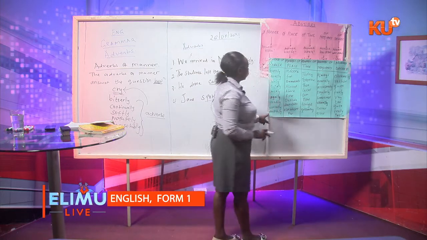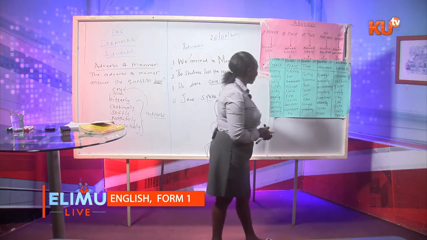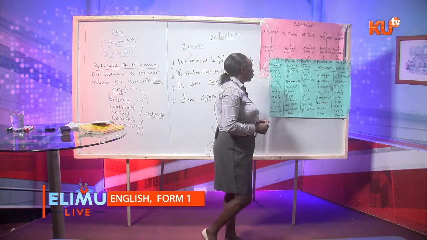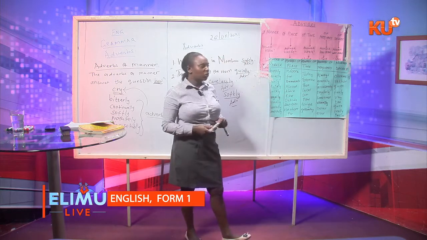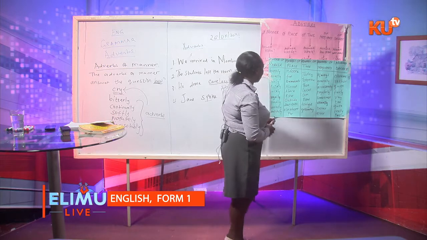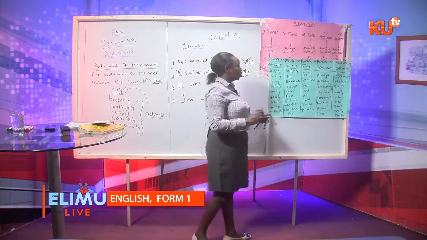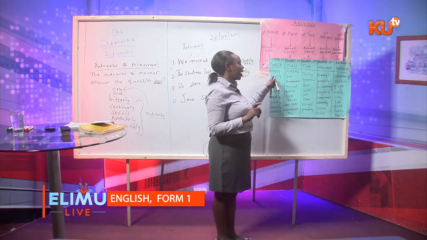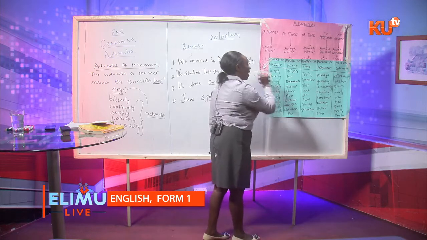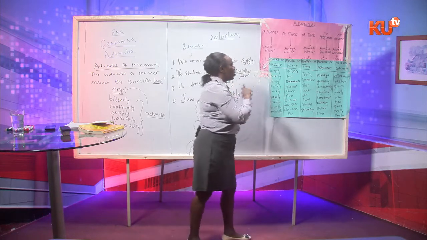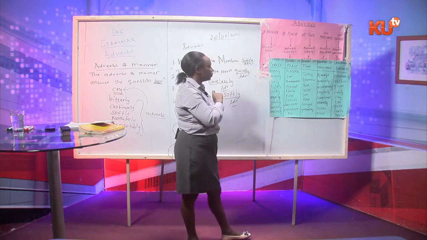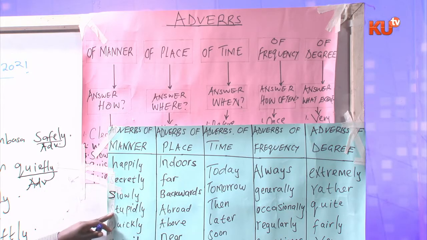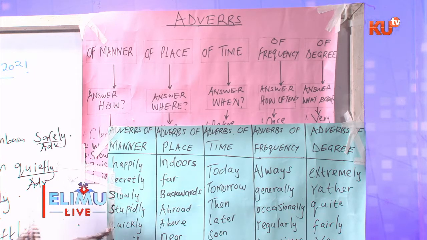And in this, I have got examples of words that you can use to describe how an action took place. And wherever you are watching me from, you can take these examples and try to construct your own sentences focusing on the adverbs of manner. We have the word happily. We also have the word secretly. We have the word slowly. We have the word stupidly.